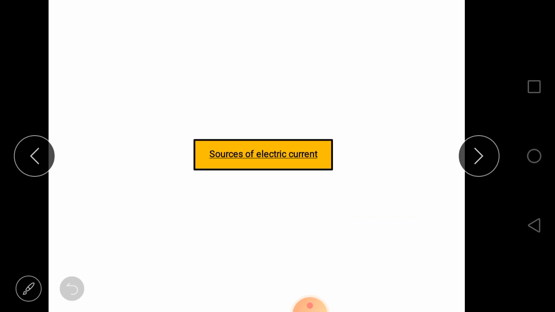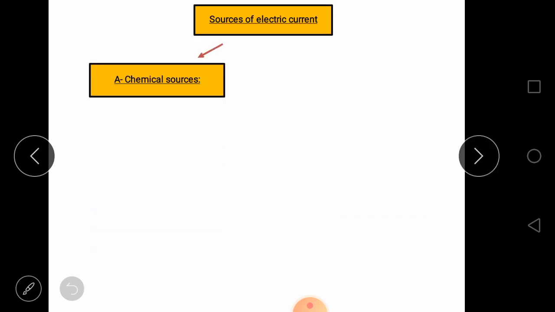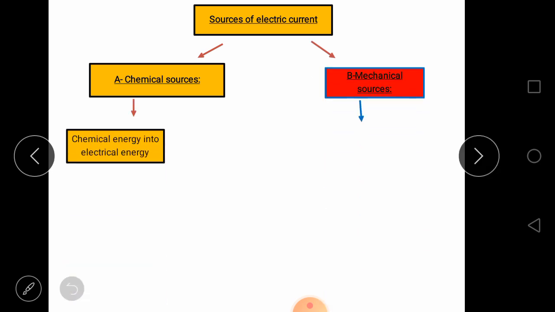Okay, here we have the sources of electric current, the chemical sources and mechanical sources. This is a quick comparison between them. The chemical sources use the chemical energy from the chemical reactions.